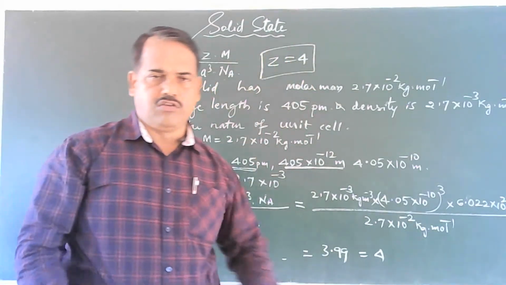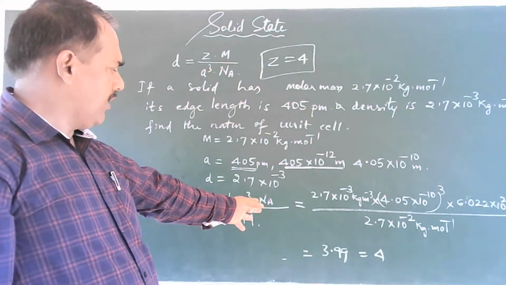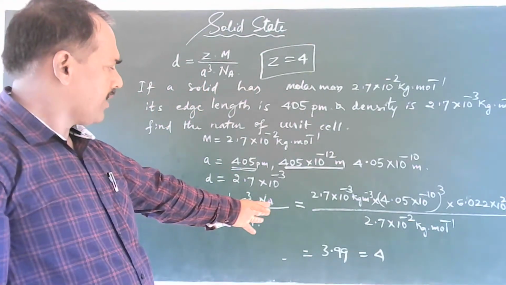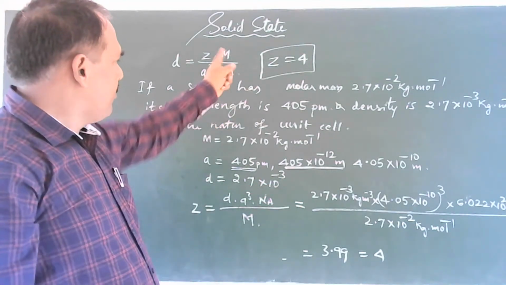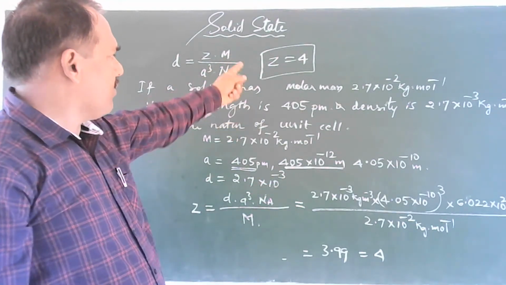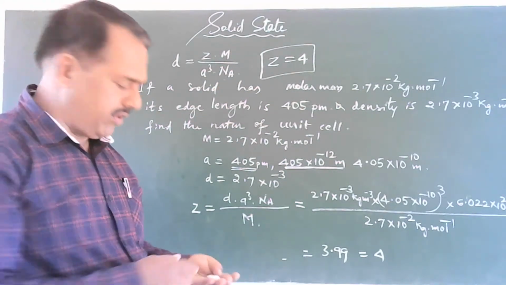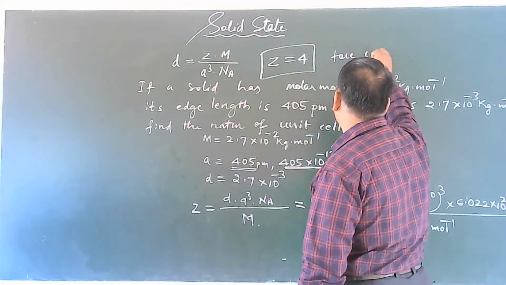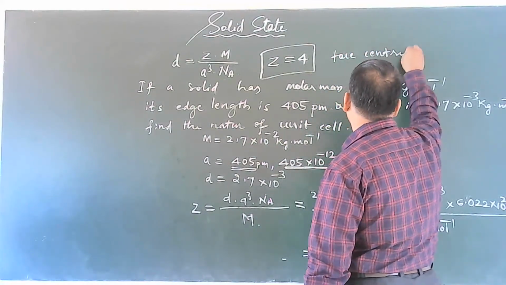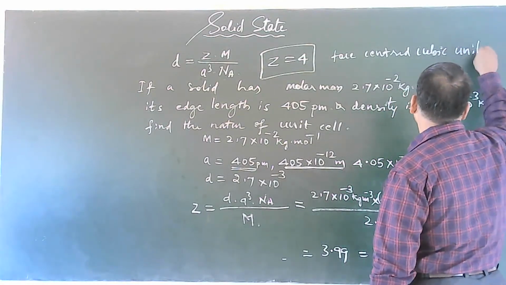Are you clear? Just use a calculator and you will get nearly 3.99, which is 4. If Z is equal to 4, what is the nature of the unit cell? It is a face centered cubic unit cell.